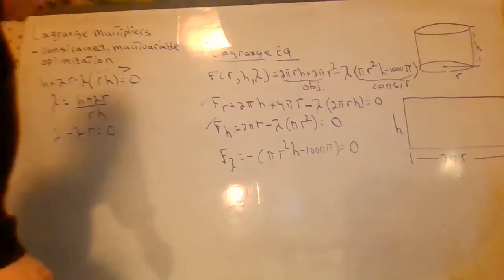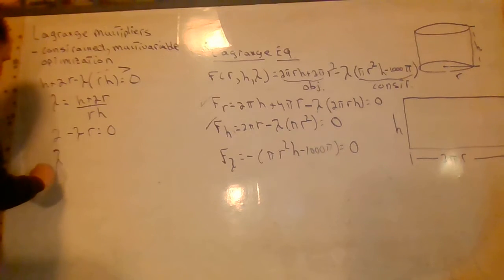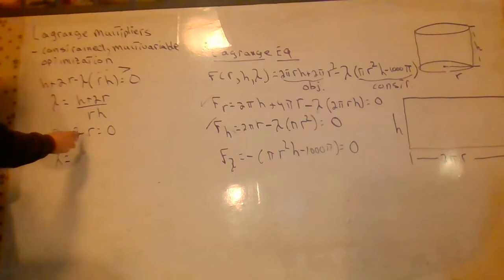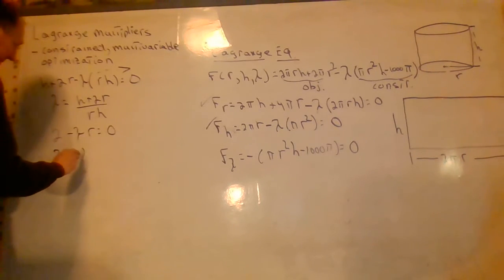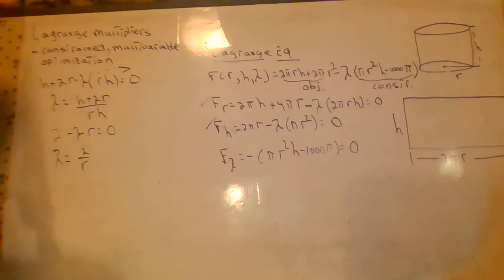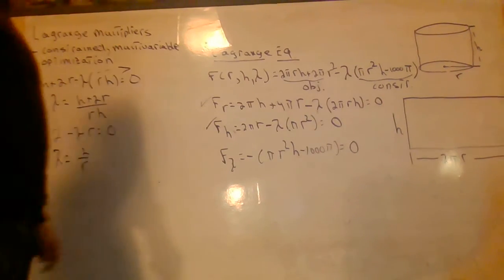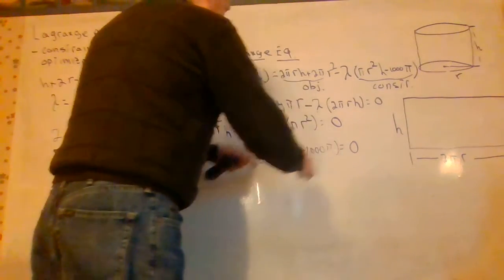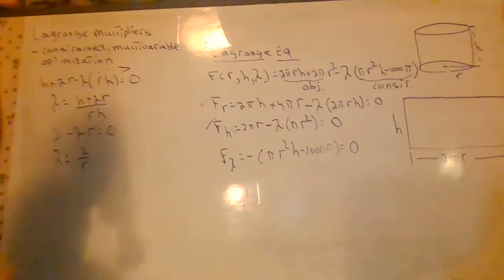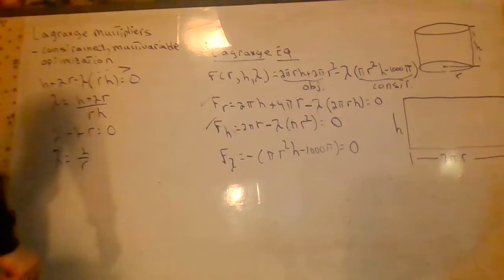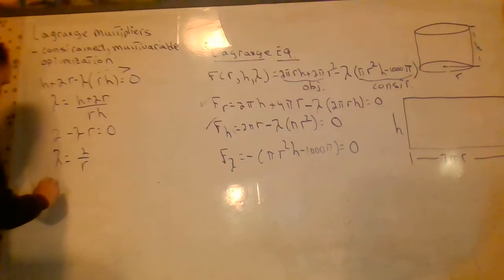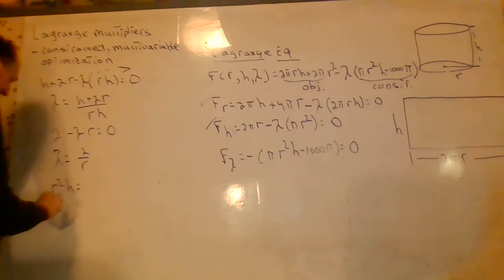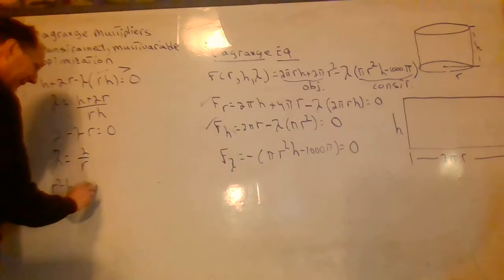And again, you can solve for lambda. Bring this over here, divide by r, you get 2 over r. And you can simplify this if you want. You can get rid of the pi, and that gives us r squared h equals 1,000.